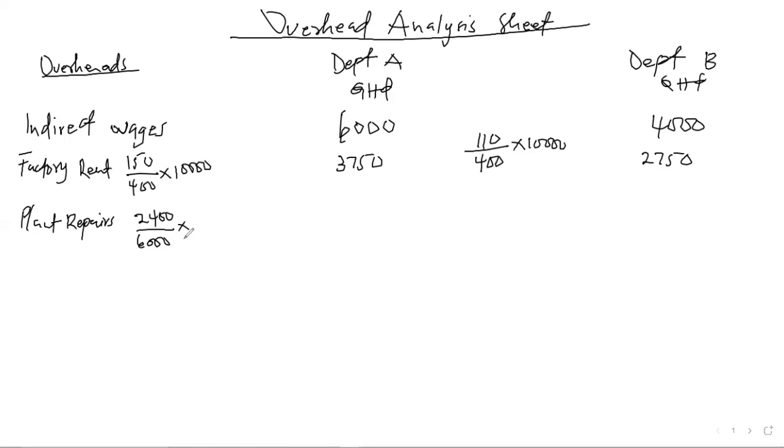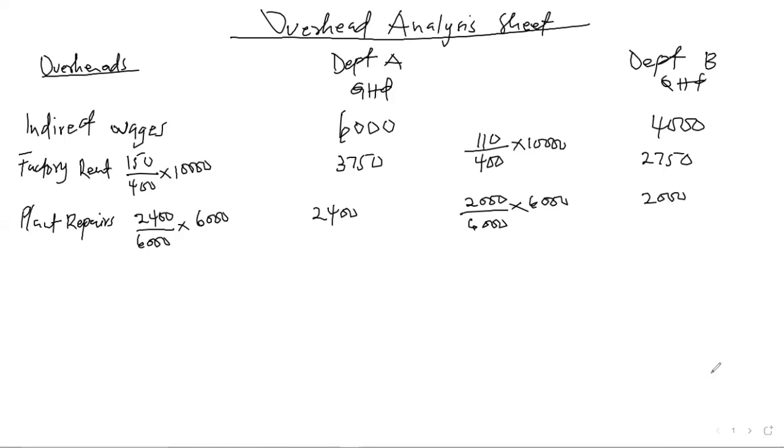The plant repairs cost is 6,000. When you cancel this, we have 2,400. We move to department B. Department B is 2,000 divided by 6,000 times 6,000. With this one, we will get 2,000.